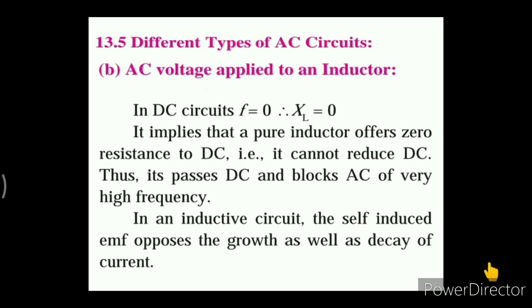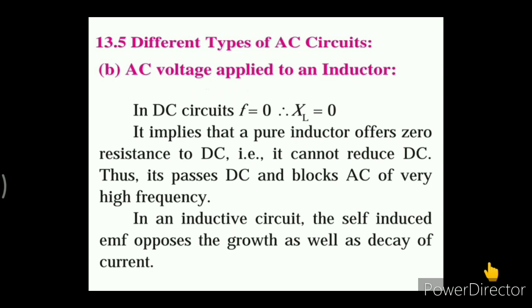The value of the inductive reactance XL will be 0 here, and thus we can say that it passes DC and blocks AC of very high frequency. That means XL is 2 pi fL in an AC circuit, and XL is 0 in a DC circuit.